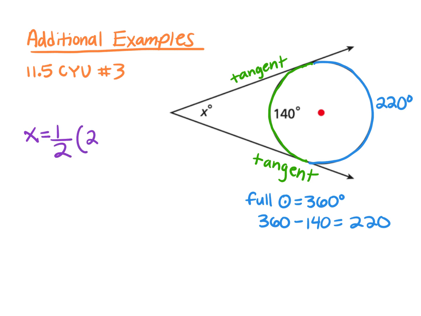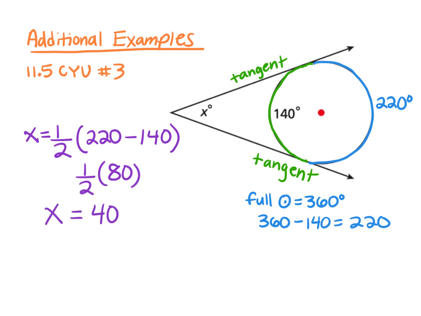We take that 220, we subtract the 140, and then whatever that is, we divide it by 2. Subtracting that, we have 80, and then half of 80 is 40. So our x value is 40 degrees.